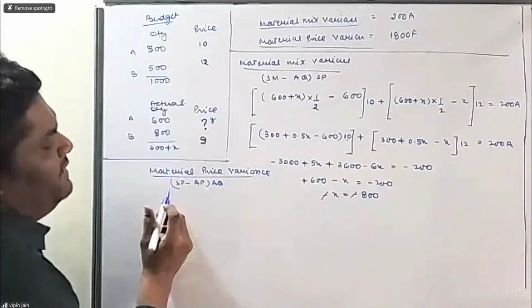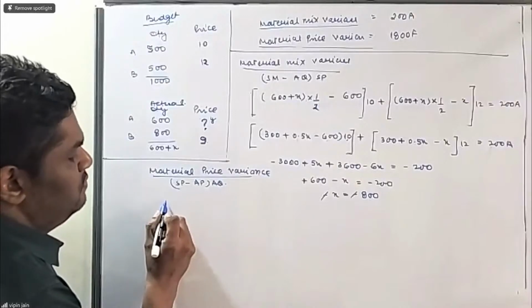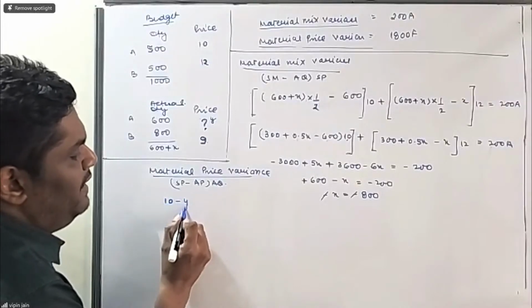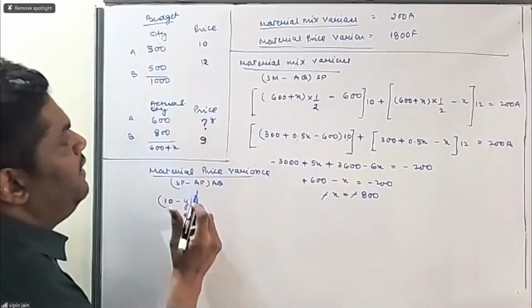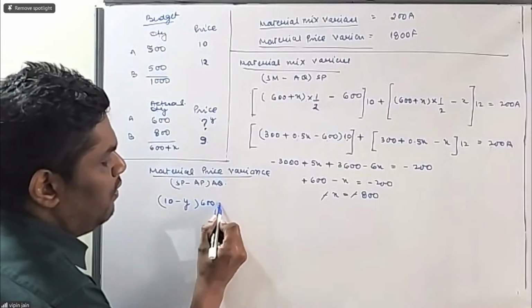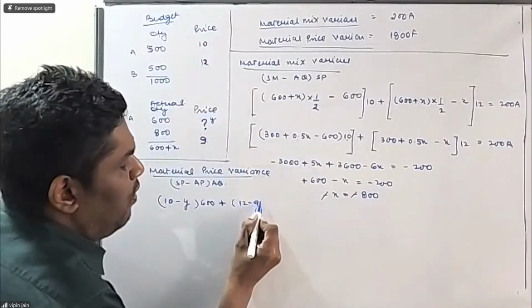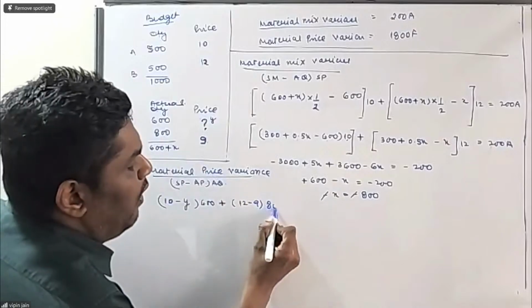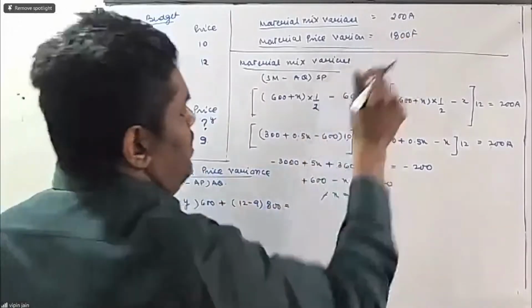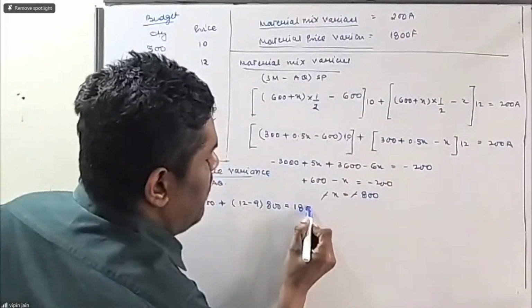So (10 minus Y) into 600 plus (12 minus 9) into 800. This should be how much? 1800 favorable.